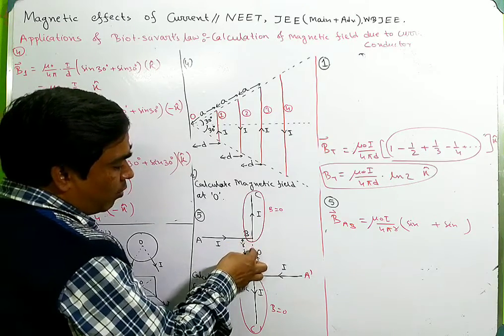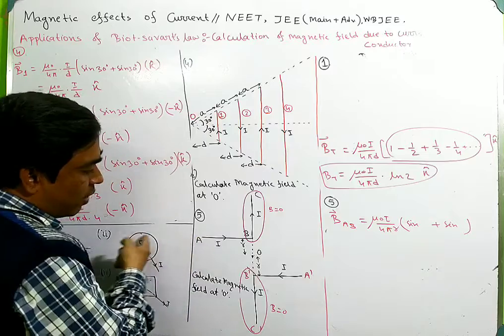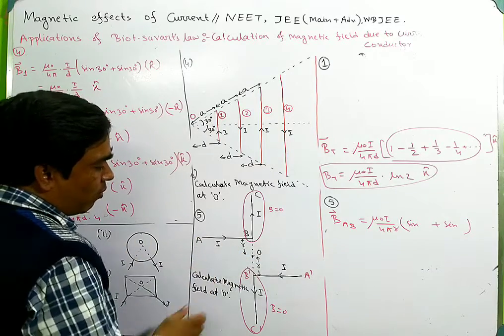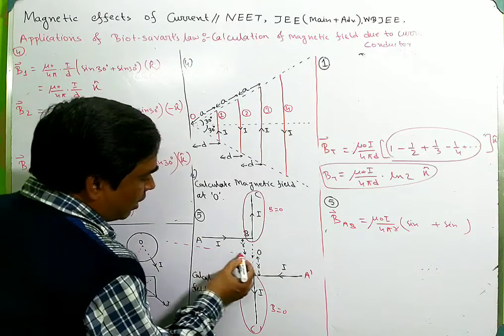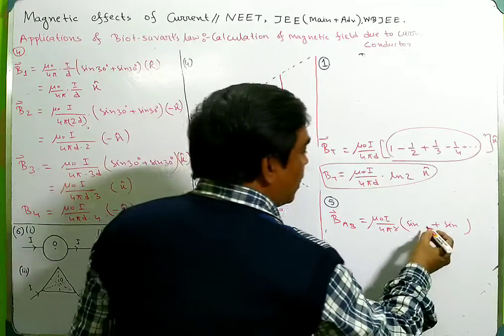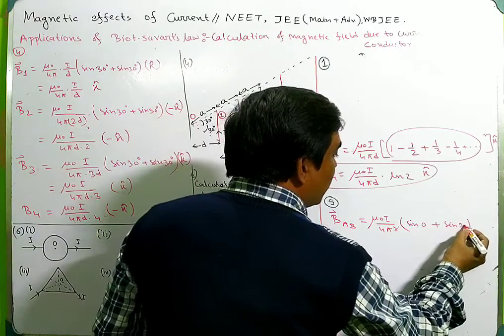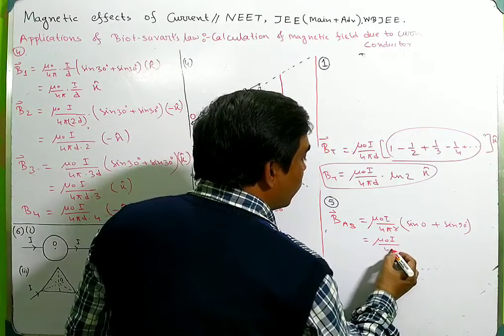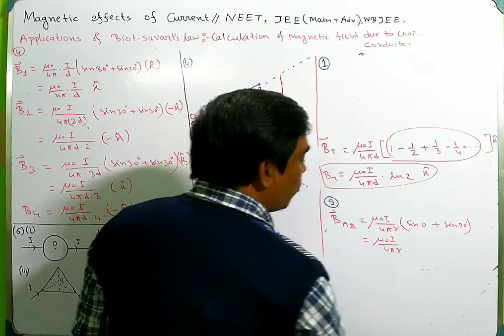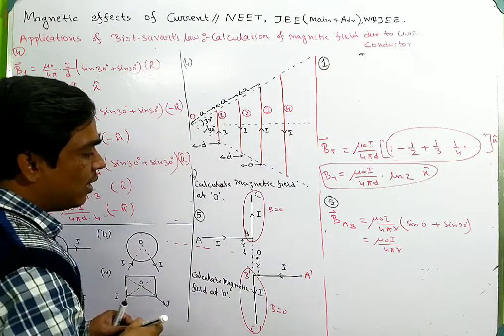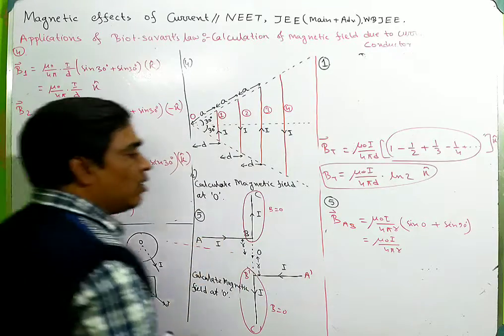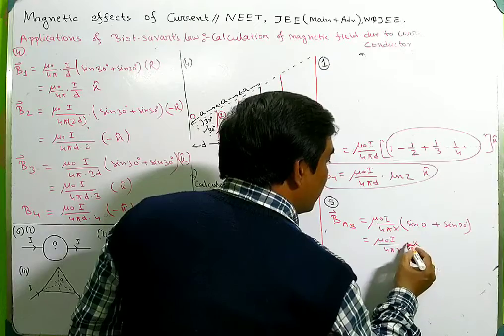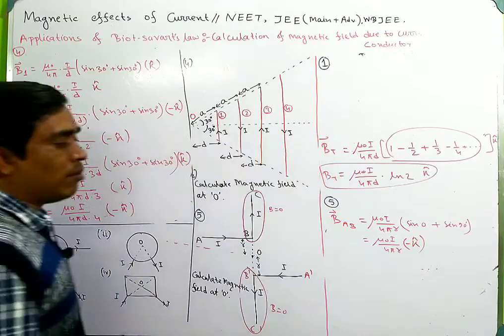If the angle from this portion is 0, this is infinite, so the angle from infinity to this section will be 90 degrees. So it will be mu 0 I by 4 pi r into 1. The direction is inward, so it will be minus k cap.